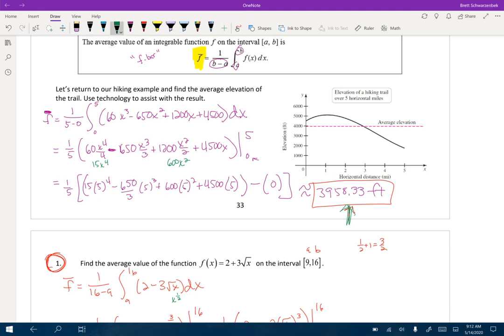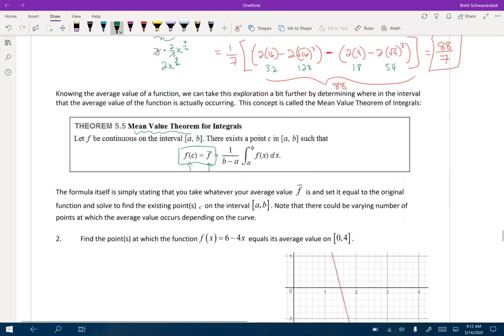I would like to know at what point during my journey I will actually cross the average elevation. So in other words, what's the value of x in which this occurs? That is the following concept that we're going to do. We're trying to determine when the function itself is equal to its average value.